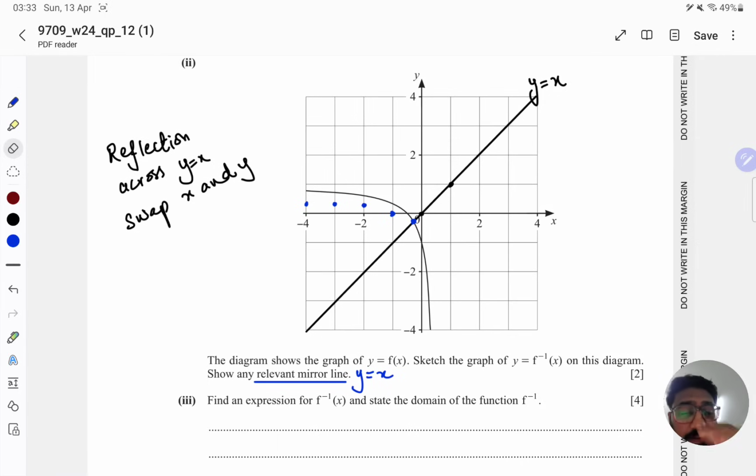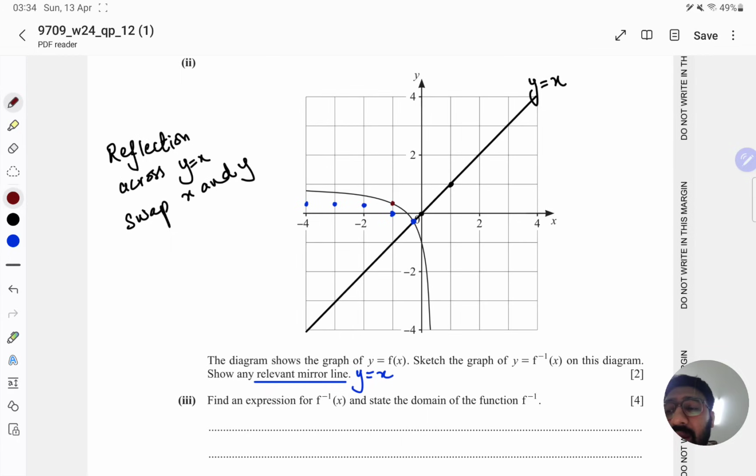This was finding the inverse of that part of the function. Similarly, we are going to do the reverse of the other side as well, which is -1 and a little above 0 for the y-axis.